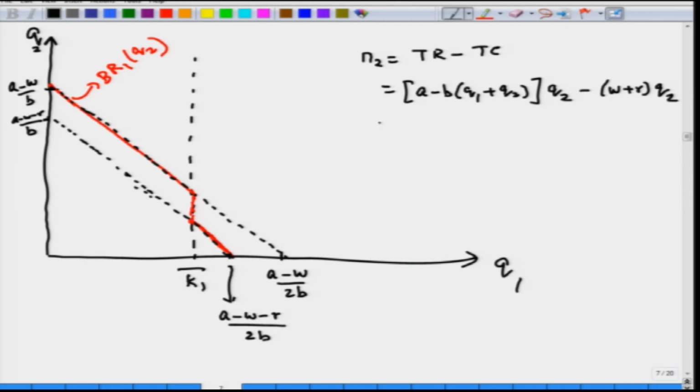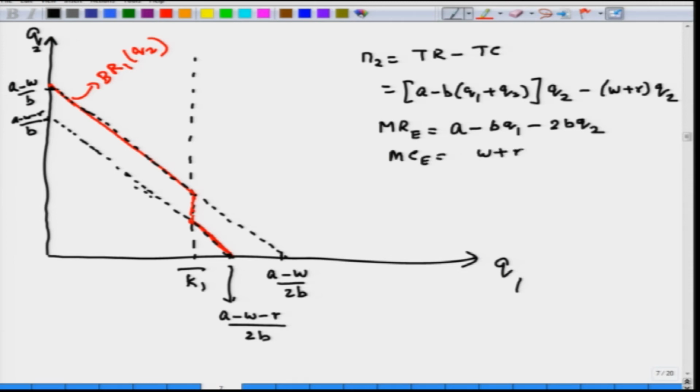So, essentially the marginal revenue for the entrant, or firm 2, is going to be A Q2 minus B Q1 Q2 minus B Q2 squared. So, we are going to have A minus B Q1 minus 2B Q2, and its marginal cost we have already seen is W plus R.